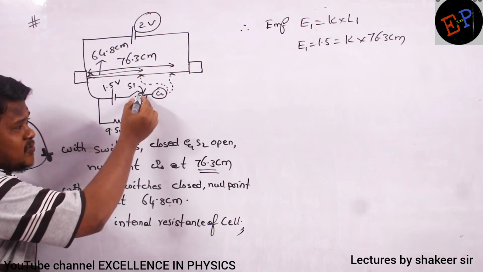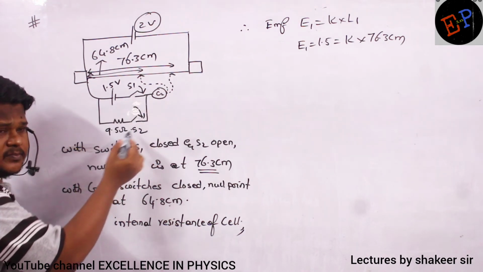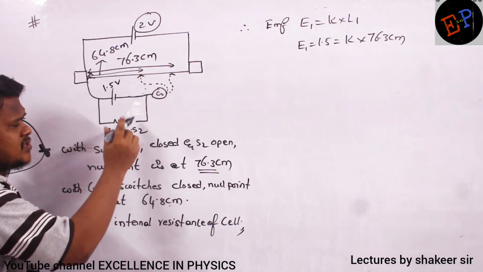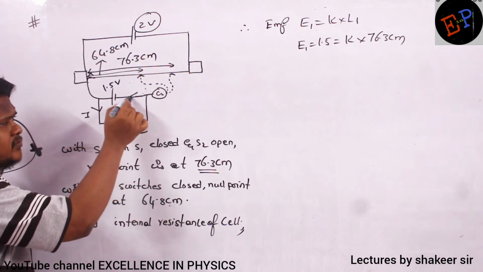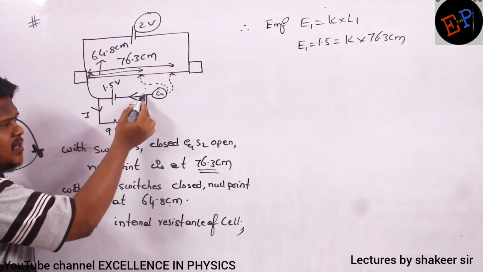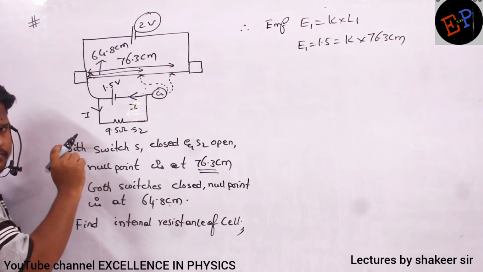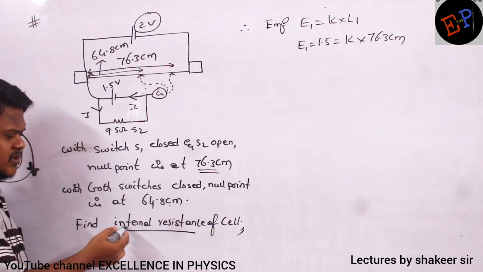See, if I close both the switches, current starts flowing in the lower circuit, no? If I close the second switch also, current starts flowing in this lower circuit. Same current will enter the battery also, and the battery will have internal resistance, no? Here internal resistance is not shown, but in the question he is asking about internal resistance only.